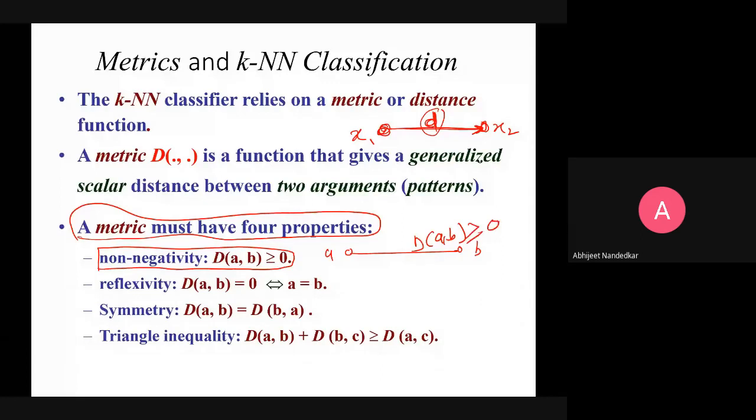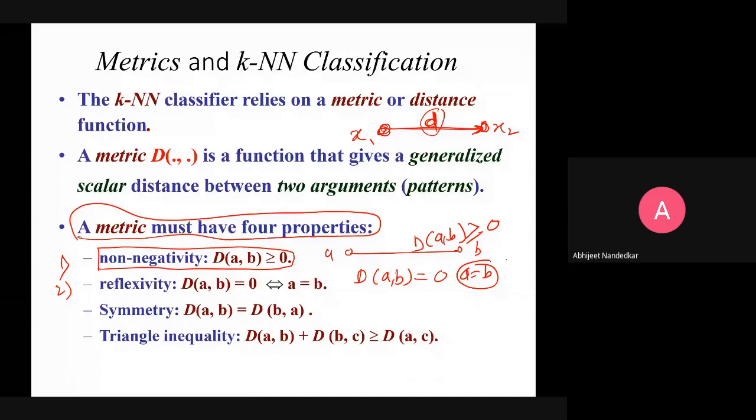The next property it should follow is reflexivity. That means distance AB is equal to 0 if A is equal to B. So the distance between the same point, A with A, is 0.